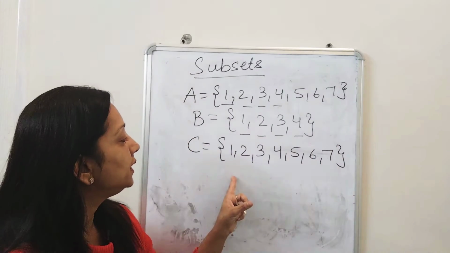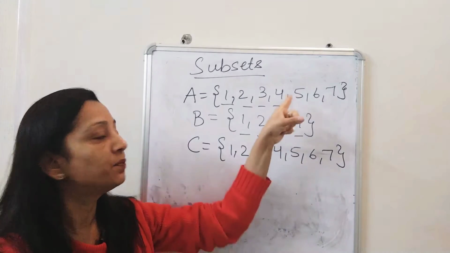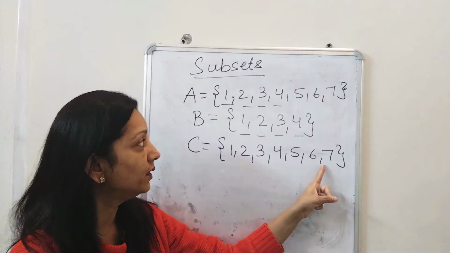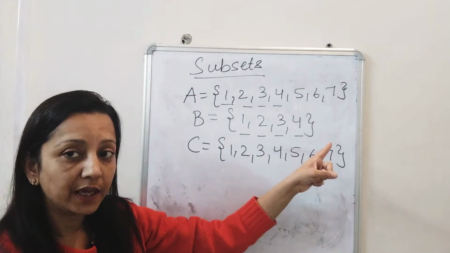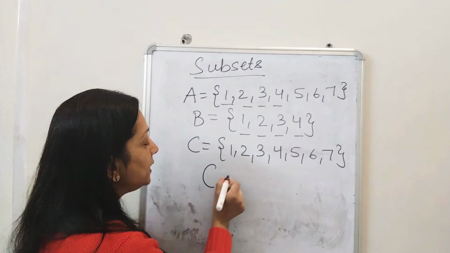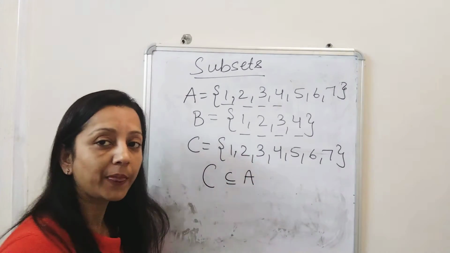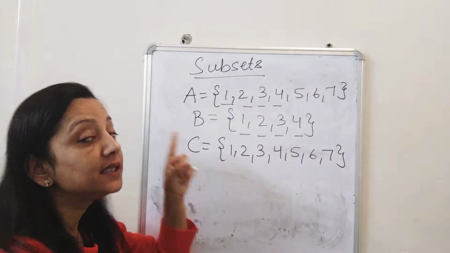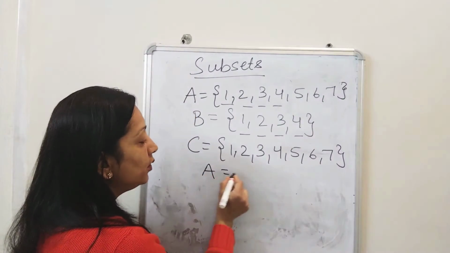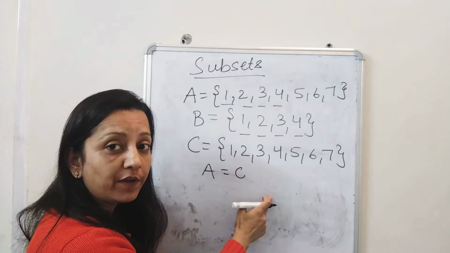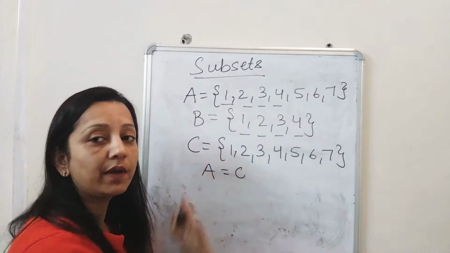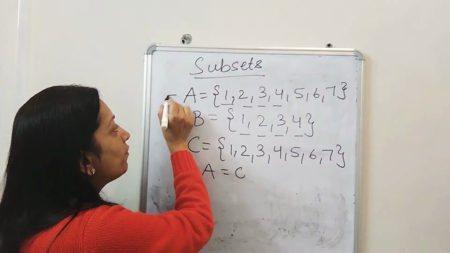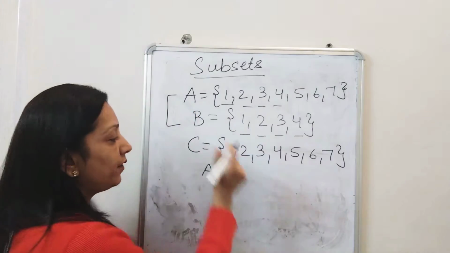Here also all the elements of set C are present in set A, so I can say that set C is a subset of set A. But at the same time, sets A and C are equal, because they have the same number of elements and the values of all their elements are the same. So I can say that A equals C.